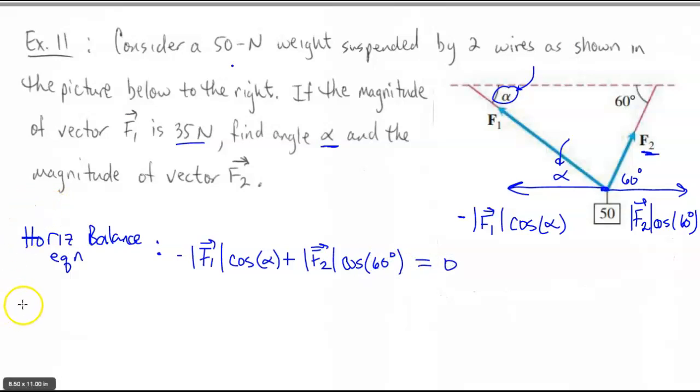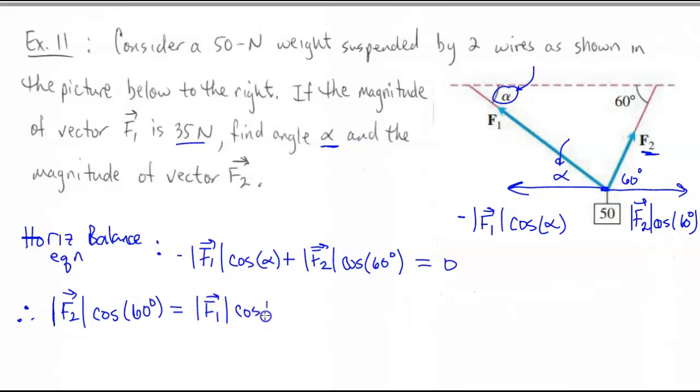Okay? And essentially what this means here is that, let's try to clean that up here. So we got the magnitude of force F2 cosine of 60 going to equal magnitude of force F1 cosine of alpha.